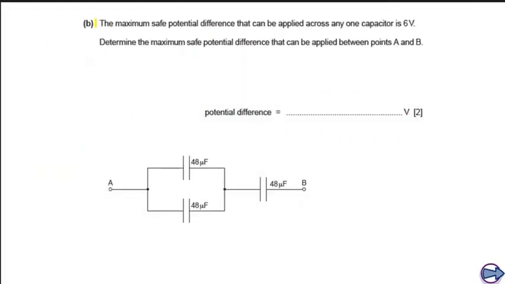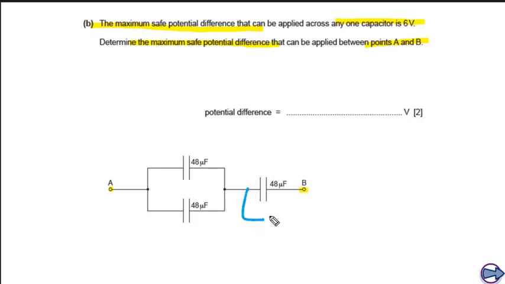For part B, it is given to us the maximum potential difference we can apply across any one capacitor, that is equal to 6 volts, and we need to find the maximum potential difference we can apply between points A and B, means between this point and this point. As it is given to us the maximum potential difference we can apply across any one capacitor, that is equal to 6 volts.